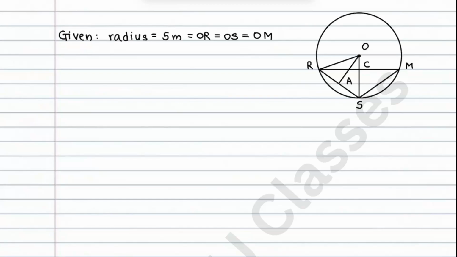Reshma throws a ball to Salma, Salma to Mandeep, Mandeep to Reshma. If distance between Reshma and Salma and between Salma and Mandeep is 6 meter each. So RS, distance between Reshma and Salma, is 6 meter, and distance between Salma and Mandeep SM is also 6 meter.